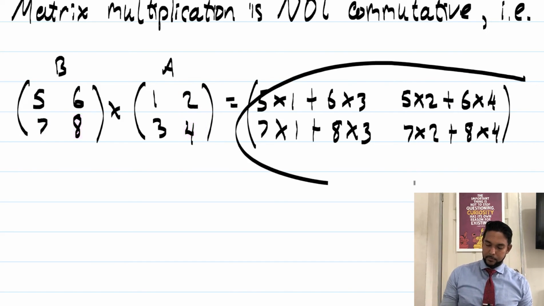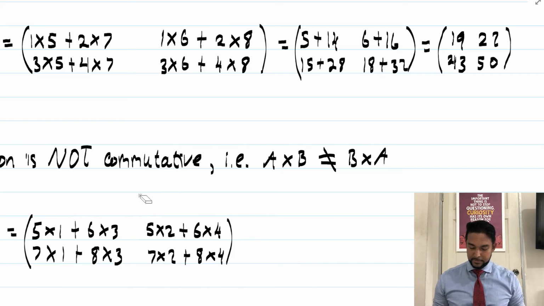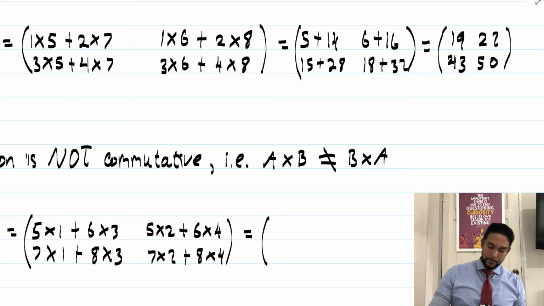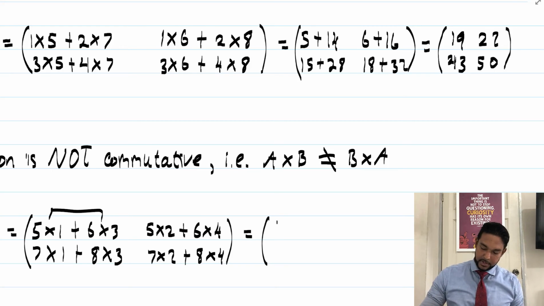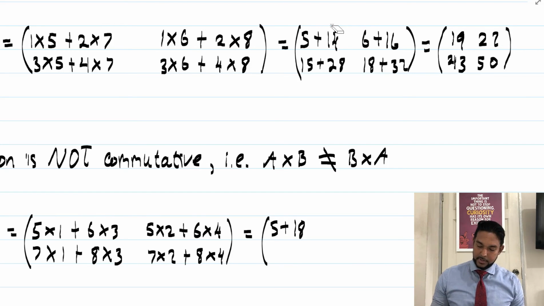Now even from right here, we could compare the products and the sums. They're not the same. So even from right there, we get a feel for the fact that these matrices are not going to give us the same final answer. But let's finish working. So 5 by 1 is 5, 6 by 3 is 18, right? Which of course does not correspond to that.